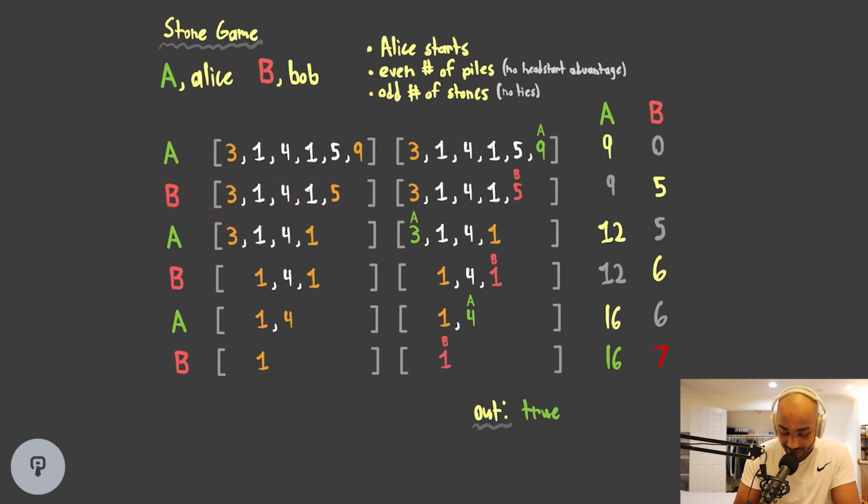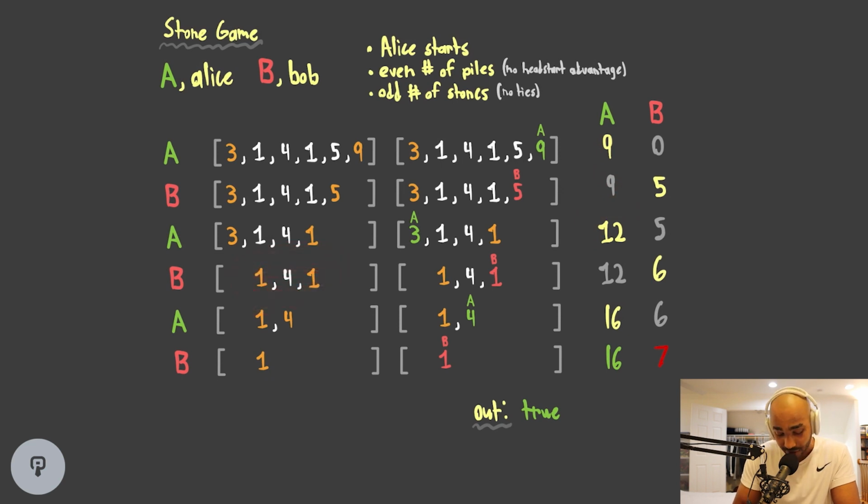He can choose between the left or the right end, and in this case he will choose the right end and reap that as his score. So now it's 9-5. Then Alice can choose between the 3 and the 1 here. Alice is going to choose this 3, and her score goes from 9 to 12. These are the piles that will be left.